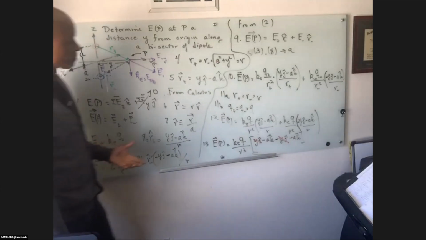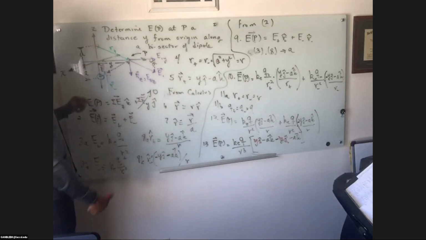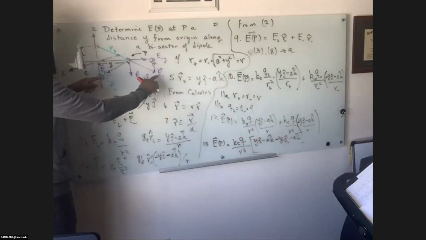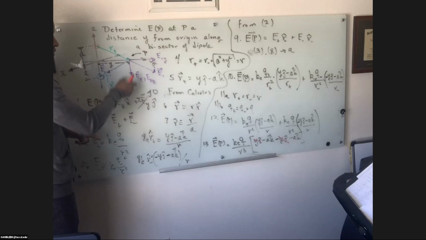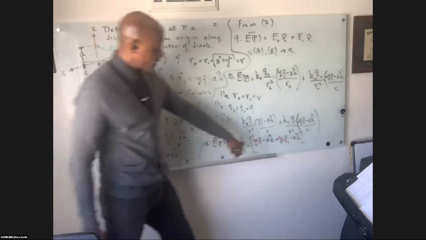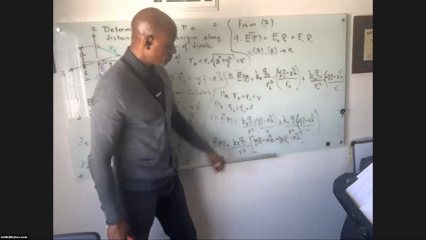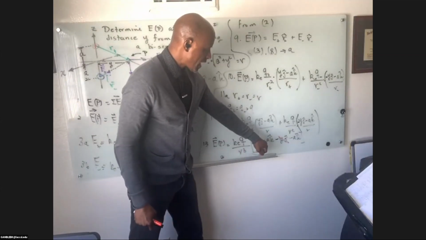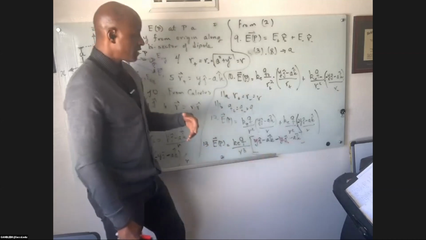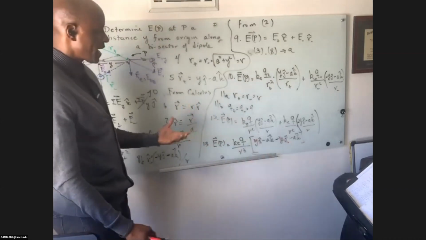Ultimately, by symmetry, the magnitudes of these two components are the same. So this resultant has got to be twice the magnitude of an individual one. And I'm going to get that 2 out of that, right? Minus a k hat minus a k hat is minus 2a k hat.